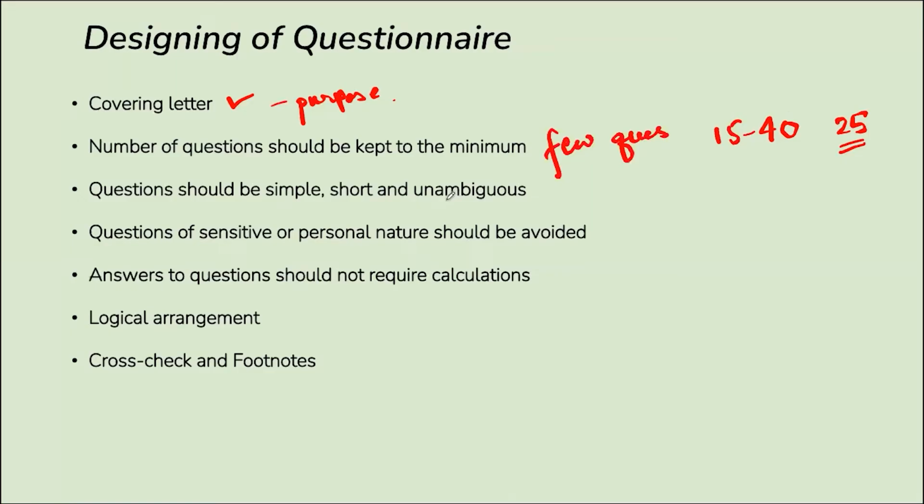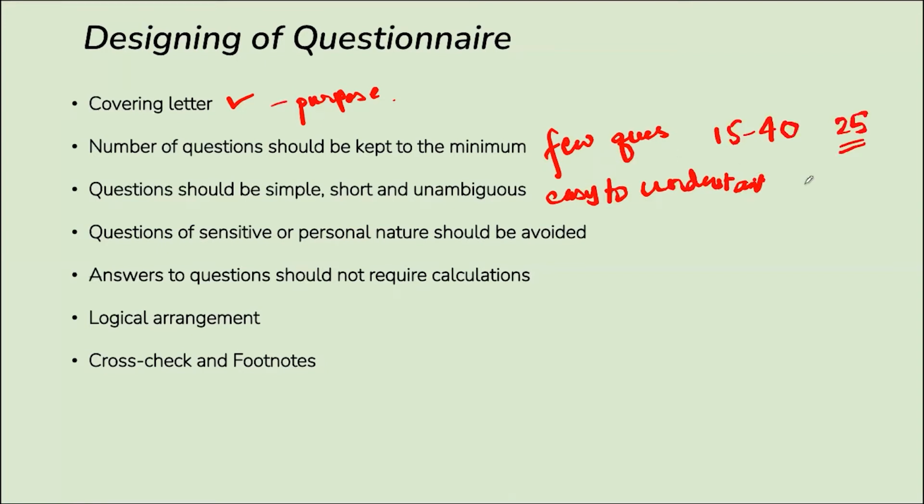Now coming to the third part, the questions should be simple, short, and unambiguous. What do we mean by this? It means the questions should be simple and easy to understand, and should not confuse the respondent. Suppose you are asking the question, are you literate? Different people may have different meanings of literacy.